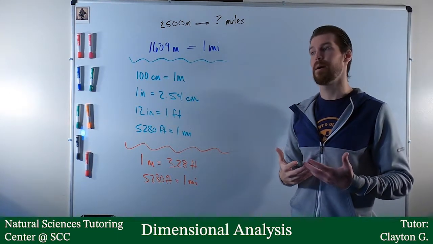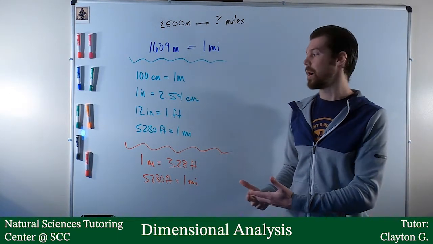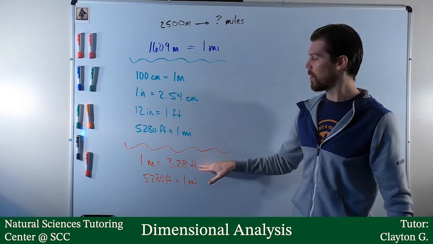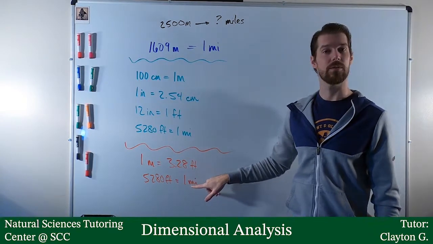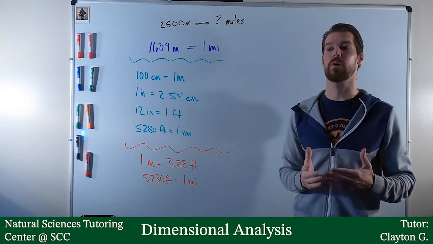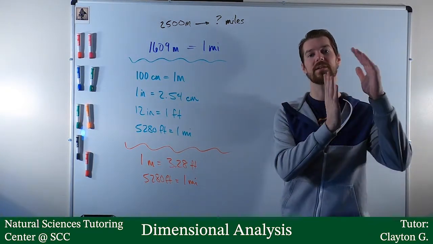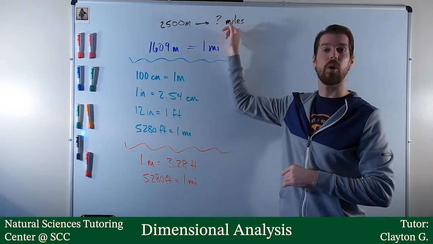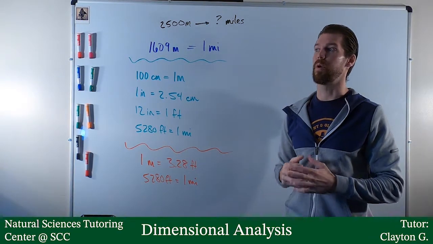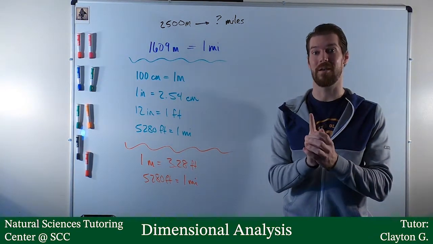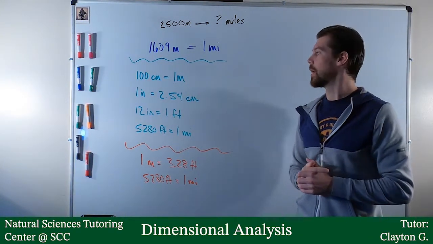That was the path that I took. Again, maybe you know how many meters in feet. Then we go from meters to feet, from feet to miles. We're looking for an avenue to get to our goal here, okay? And again, there are a million ways to do it. We just need to find one that will work for us.